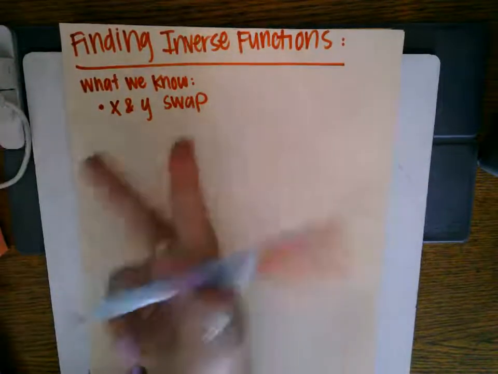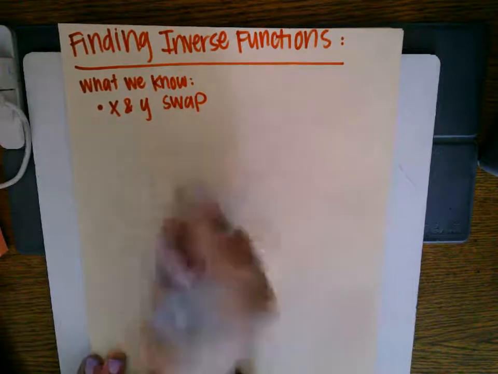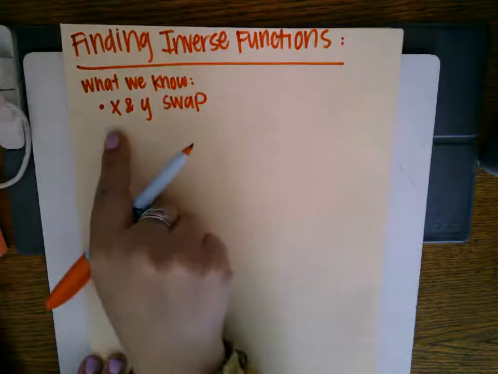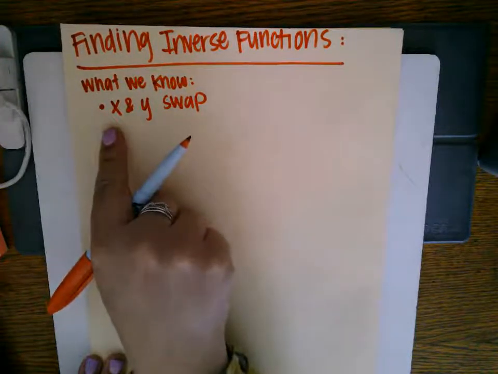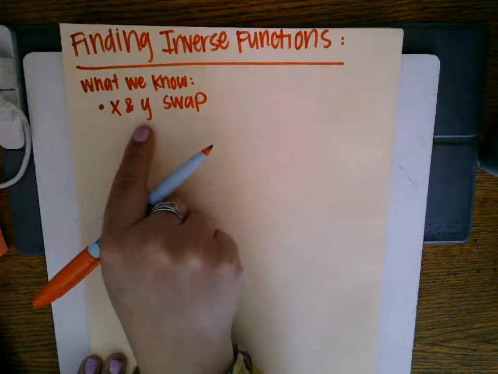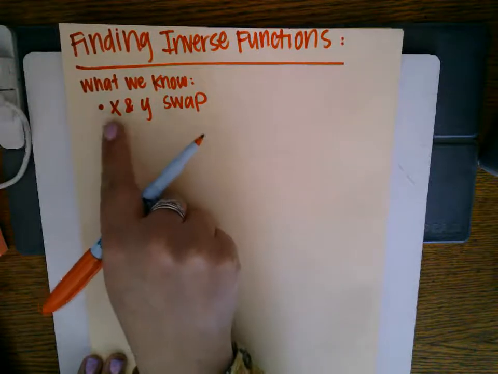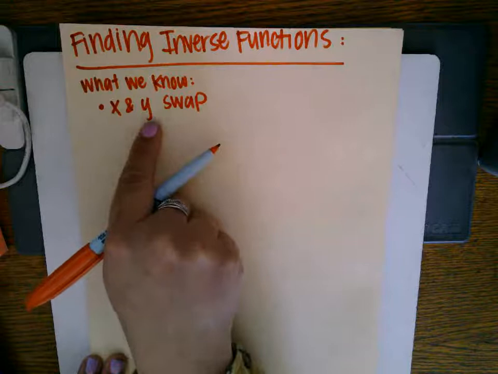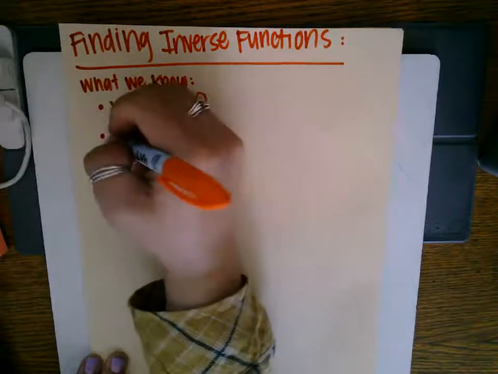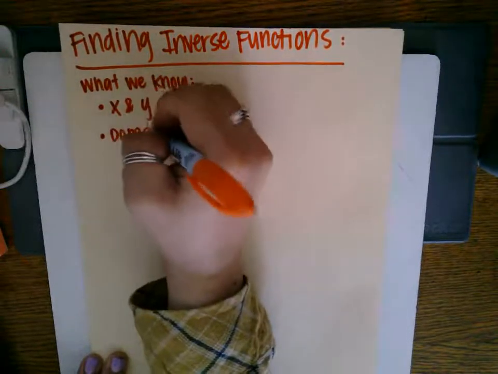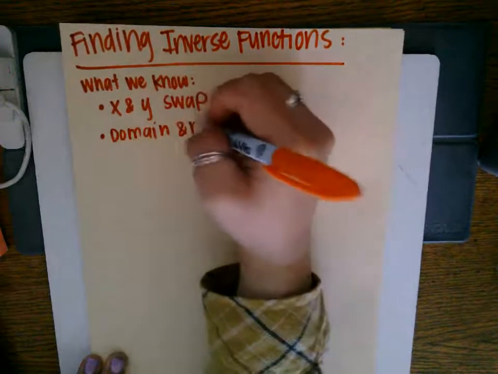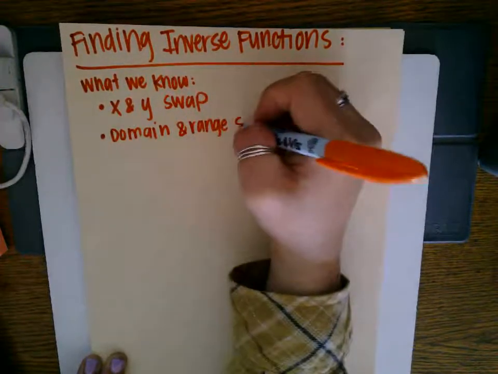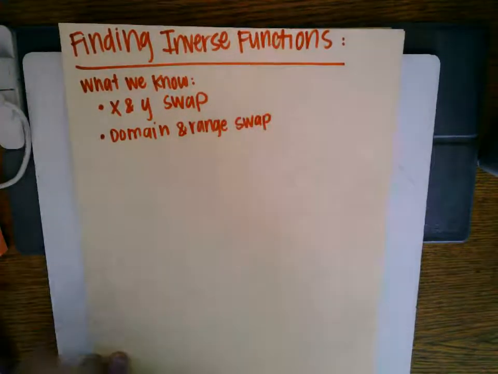So x and y physically swap places. Now, if we think back, x values are possible domain values, and y values are possible range values. So if x and y swap in the equation, that must mean that our domain and range swap for our inverse function as well.